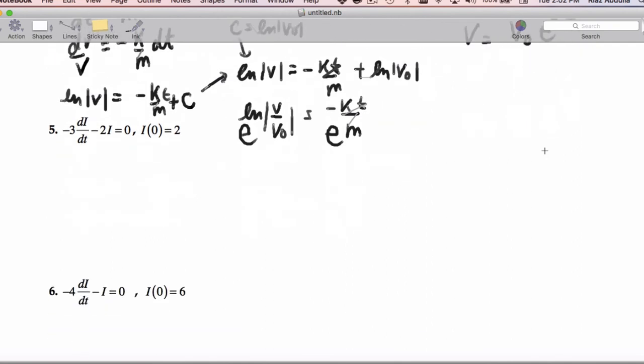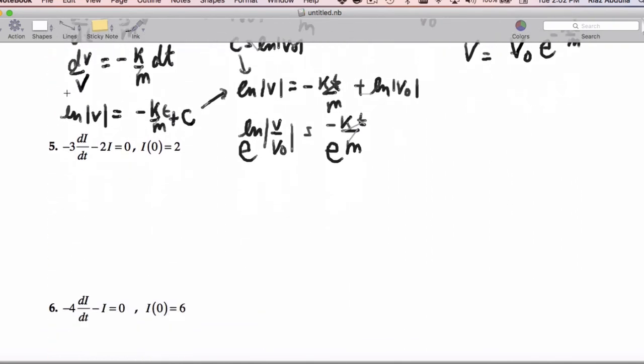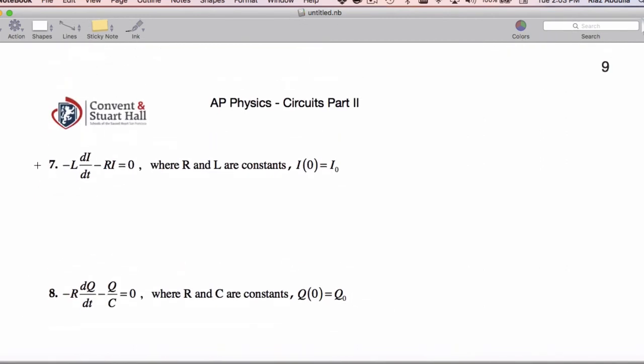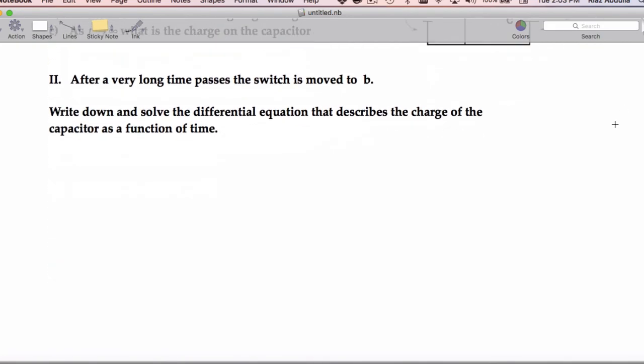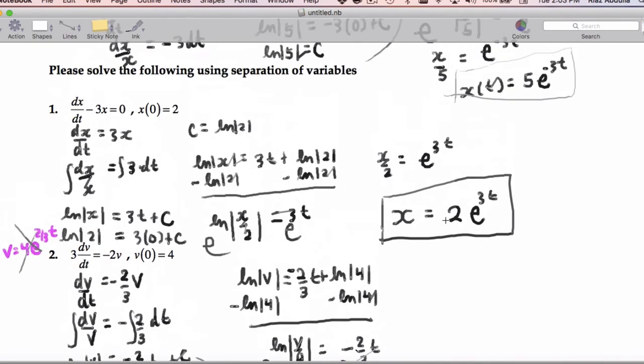So I'm going to leave off here at problem number 4. I would strongly encourage you to attempt problems number 5 and 6. And actually 5 through 8 would be excellent problems to attempt as we go ahead and move into the application of differential equations into physics.